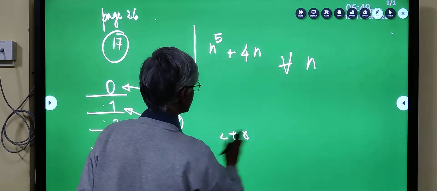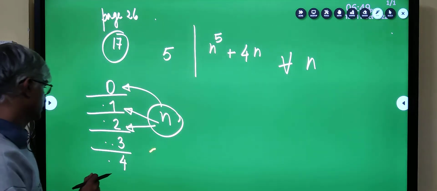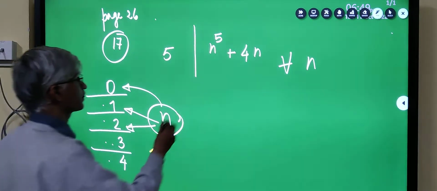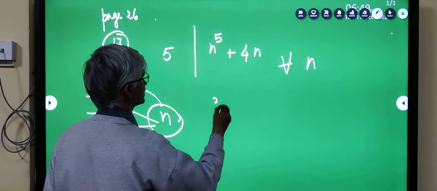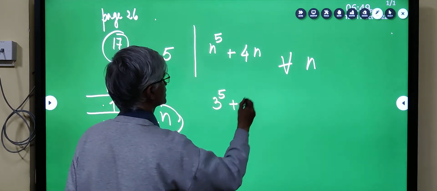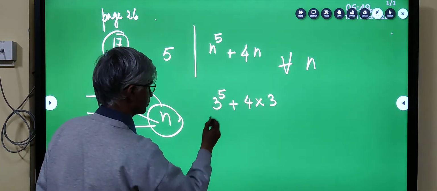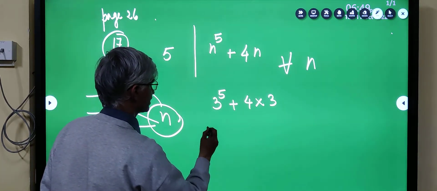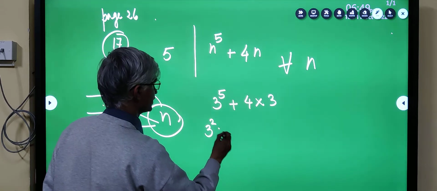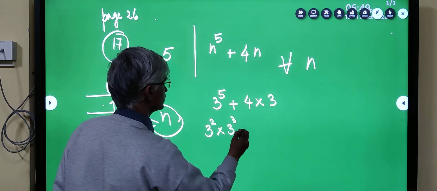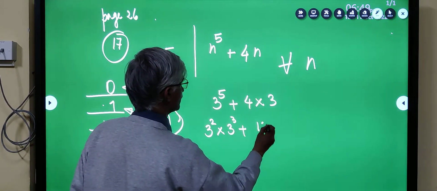Now I could do n equal to 3 in the standard way. That is 3 raised to 5 plus 4 into 3. So let me just do this slowly. This can be written as 3 square into 3 cube plus 12.